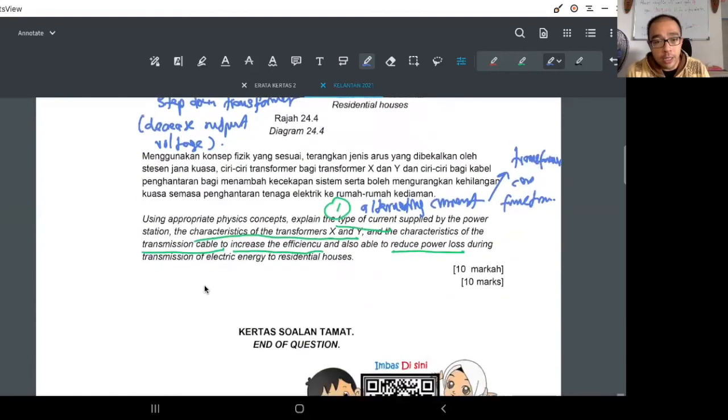Let's talk about the transmission cable. There are many points. We want to increase the efficiency and reduce the power loss. We reduce the power loss by reducing the resistance, because the problem is big resistance, and big resistance means big power loss. You say that the cable is made of copper.